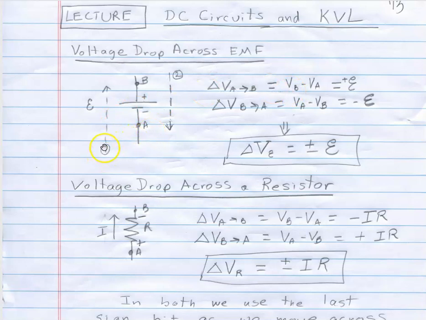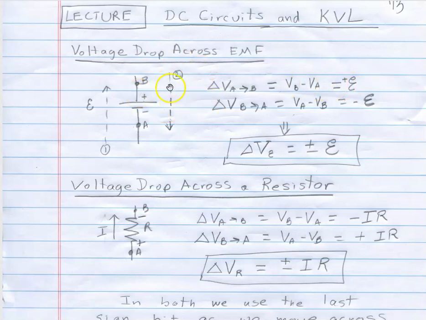So I'm going across this battery in this direction in path 1, which I dash line sometimes. And if I go in that direction as I go across the battery, the last sign I hit is positive, and I use the EMF, E, and then the last sign I hit is the positive sign.